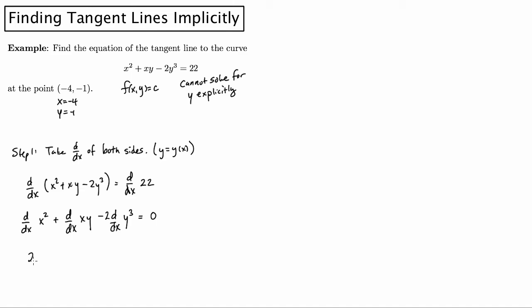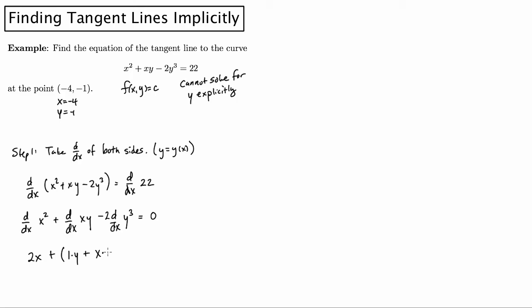The power rule says the derivative of x squared is 2x, and let's talk about x times y. That's the product rule because y is a function of x. So this should be plus the derivative of x, which is 1, times y, plus x times the derivative of y.